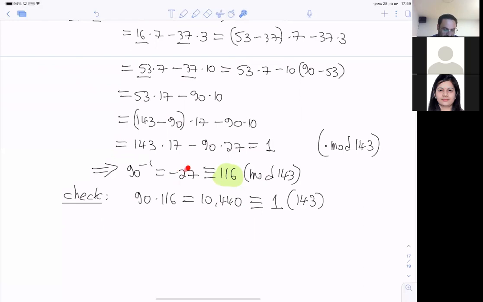I mean, these two numbers are representative of the same class, modulo 143. So I add 143 to this, you remain with the same remainder. Oh, okay, okay. This is also a correct answer, but we usually use some positive representative. Okay, fine.